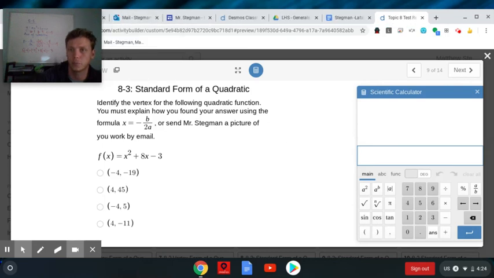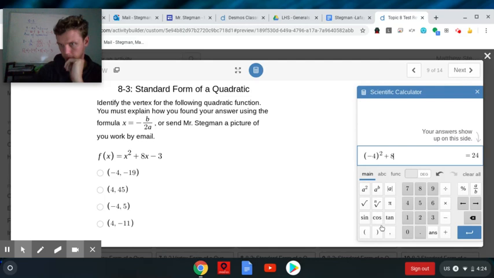So I'm going to do parentheses, negative 4 squared, plus 8 times negative 4, and then the minus 3 at the end.